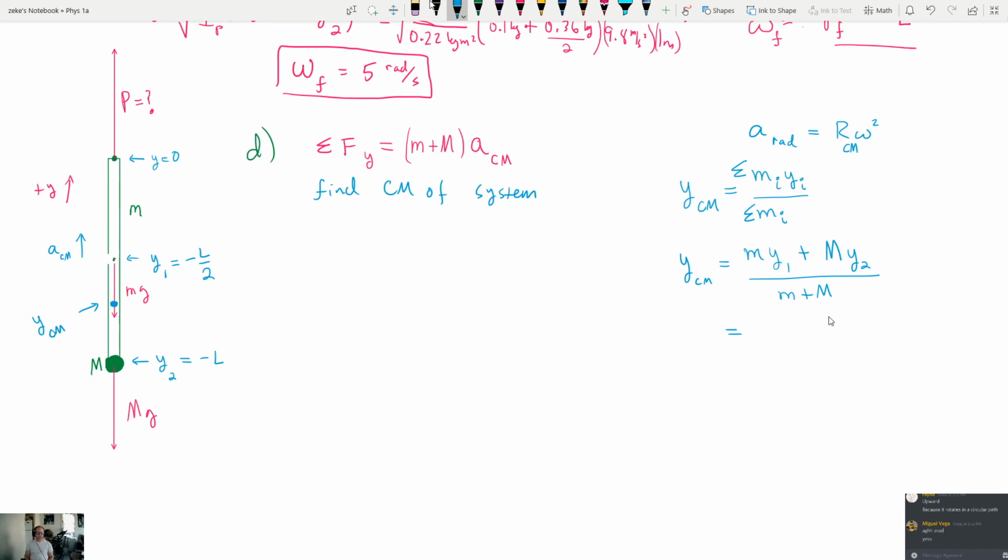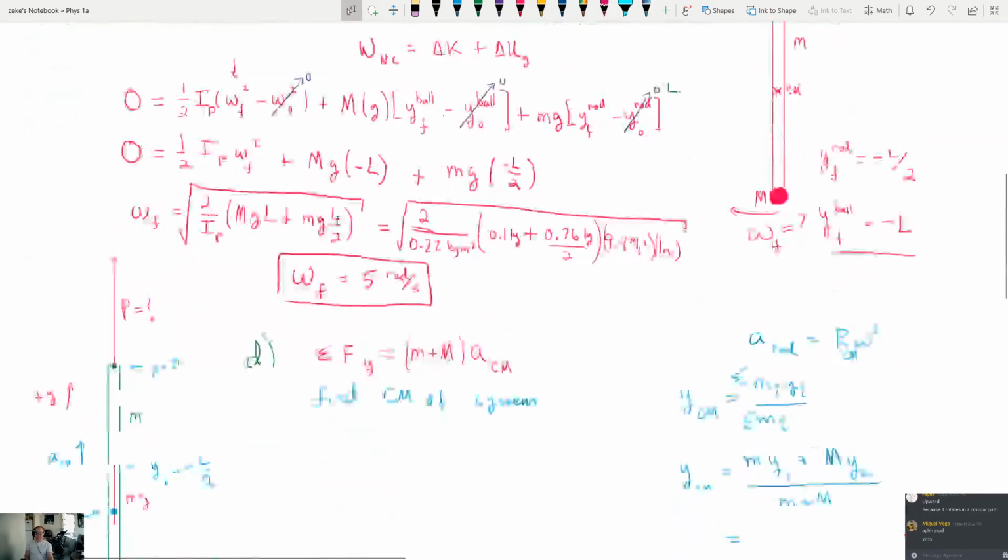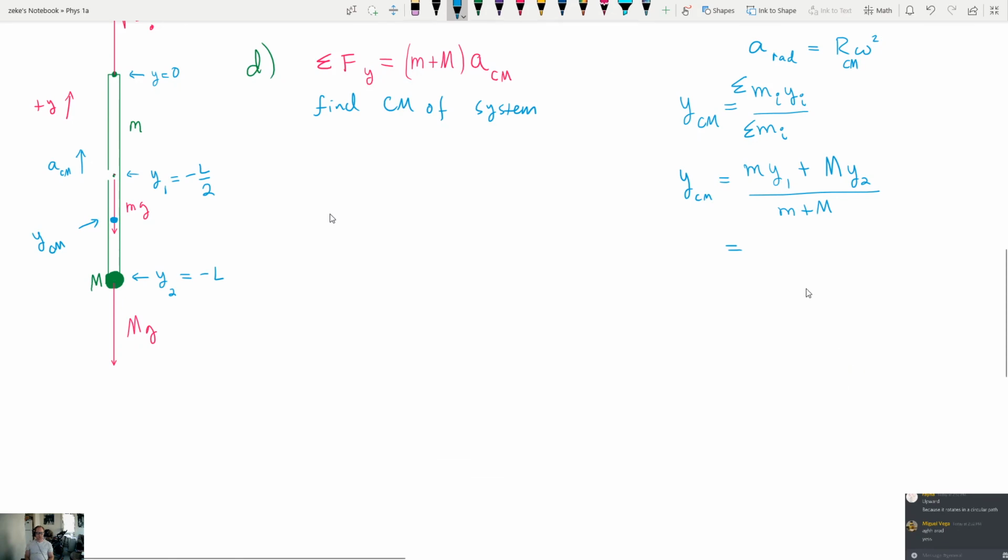So if we calculate what that is, little m was 0.36 kilograms, multiplied by its y-coordinate, which is negative L over 2. That's where the center of mass of the rod is.